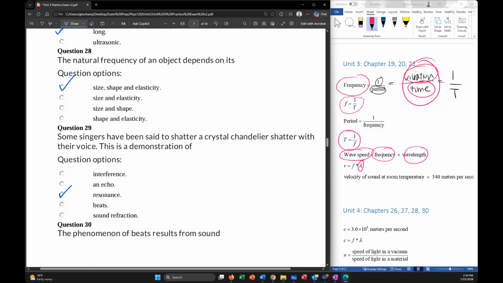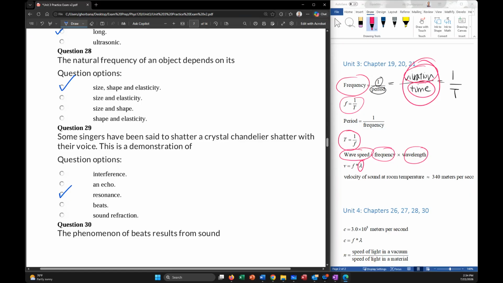If you could create a sound whose frequency becomes equal to the natural frequency of the crystal chandelier, you will see it vibrate.